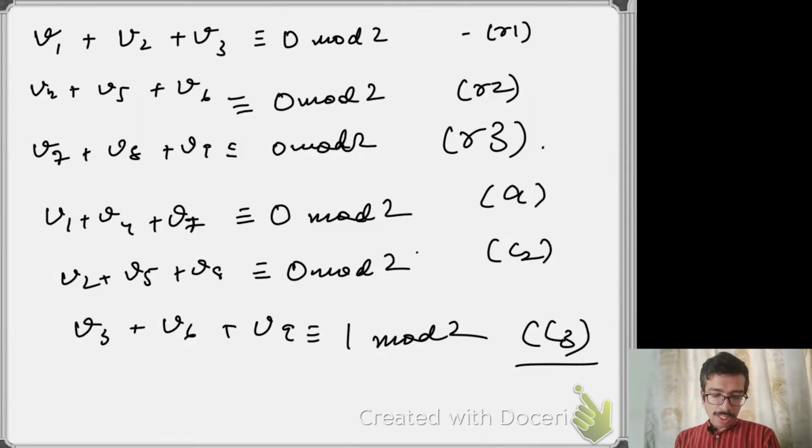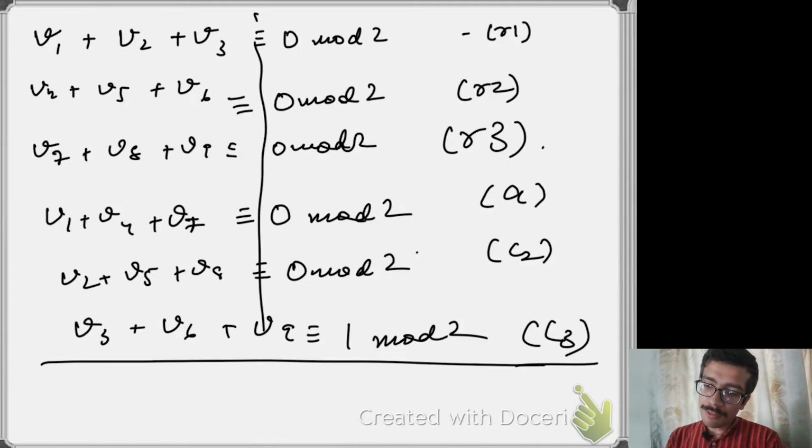So the first question which comes up is: is it possible to satisfy all these constraints? The answer is no, because if you sum up the left hand sides of each of these constraints, you are going to get 0 modulo 2. Why? Because every variable occurs in exactly one row and exactly one column.